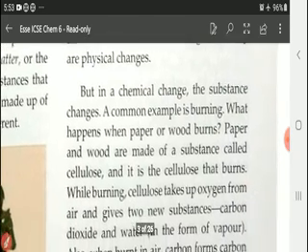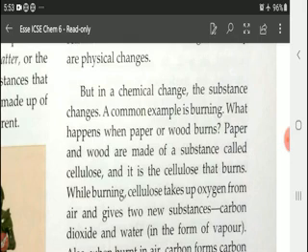Paper and wood are made up of a substance called cellulose, we know that. And it is the cellulose that burns. Please listen, paper and wood are made up of a substance called cellulose, and it is the cellulose that burns.